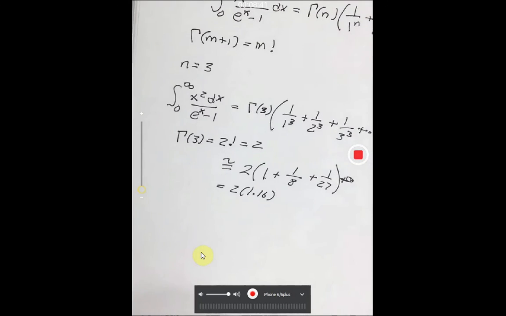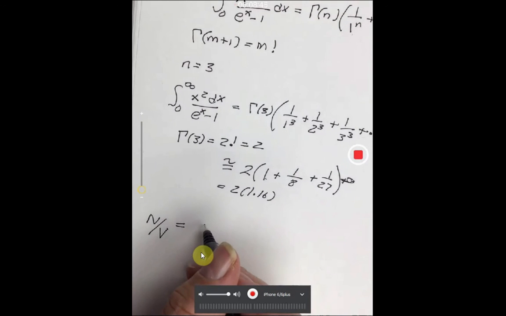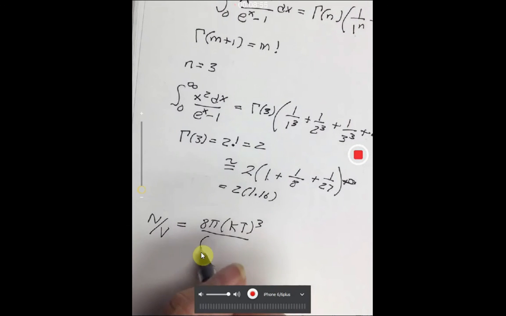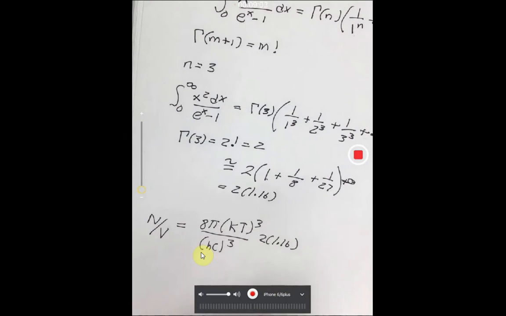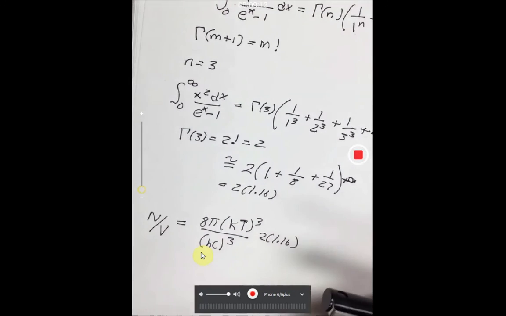So what I have at this point is the number per unit volume of photons in this chamber is equal to 8 pi Boltzmann's constant times the absolute temperature cubed over hc cubed times 2 times 1.16. So now, to actually get a number, I need to know what the temperature is.